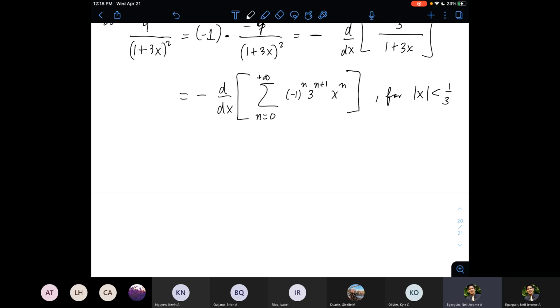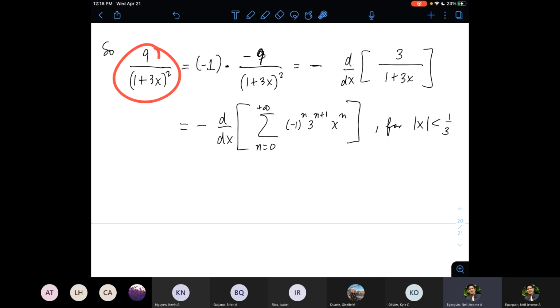Now, to find the series expansion for this, it turns out I simply need to evaluate this derivative. But again, this series is absolutely convergent whenever x is less than 1/3. So I can interchange the order of the summation and the derivative.